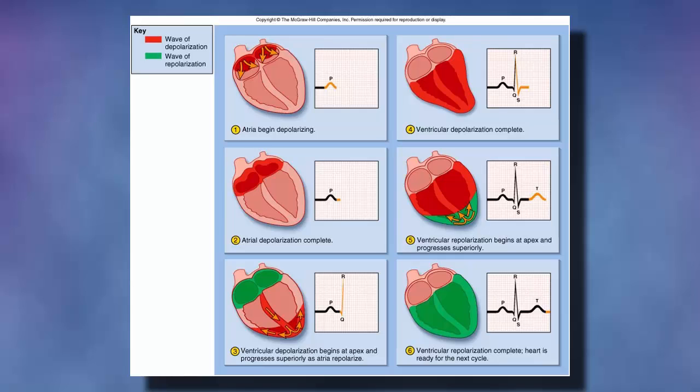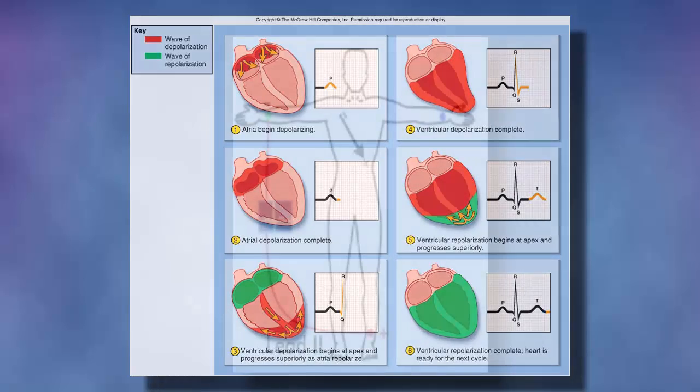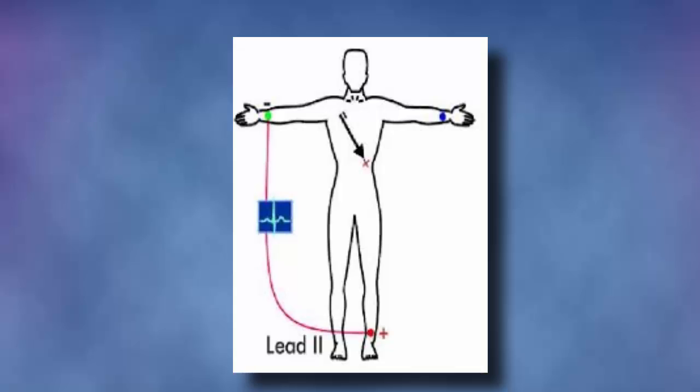So why is this important to us when we're looking at ECGs? The direction of the current, or the wave of depolarization or repolarization, is going to determine whether or not we see a positive or a negative deflection. Let's go back to one of our first pictures and recall what was talked about at the beginning of the video. Let's take a look at our lead 2 picture one more time.